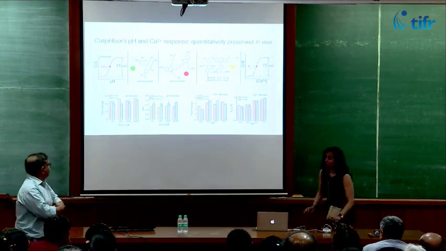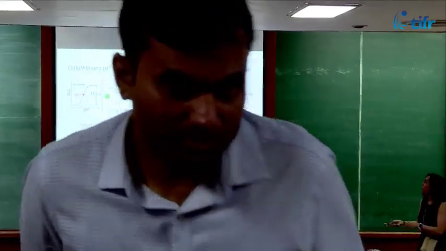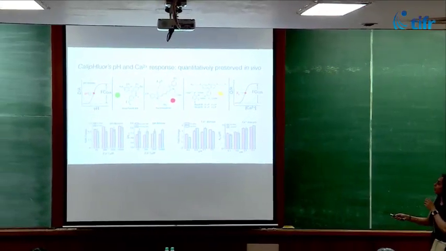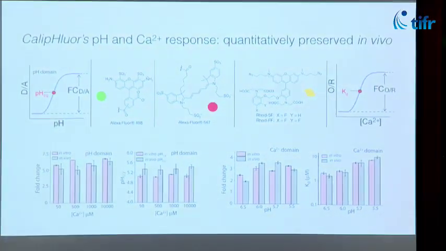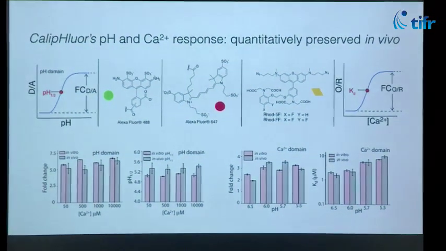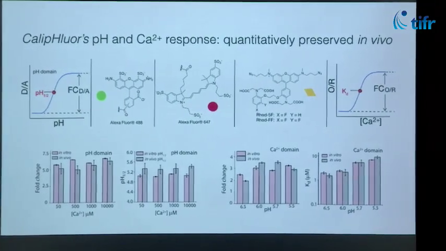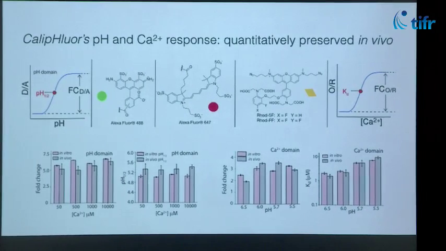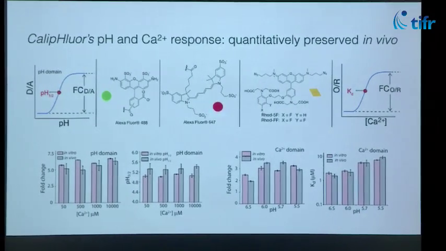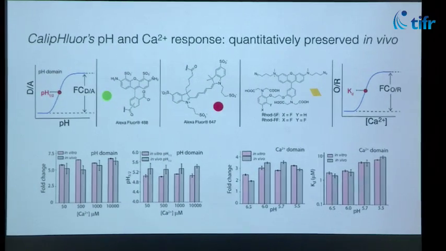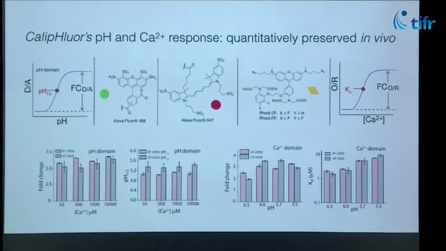Yes, so this is a very data heavy slide, which is why I skipped it. But it's just to tell you that you can assess device performance quantitatively if it's a binding based sensor from these two parameters. One is the fold change in signal, and the other is the half point, the point at which you get half the response. You can do this in vitro, and then you perform a similar experiment in the worm.